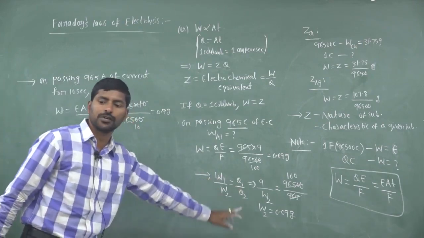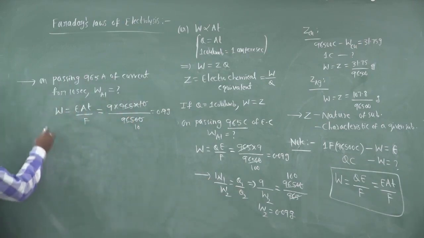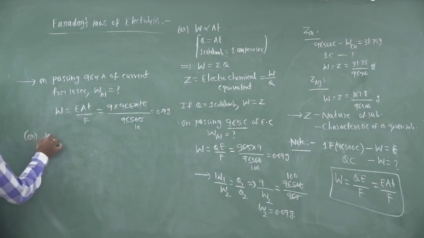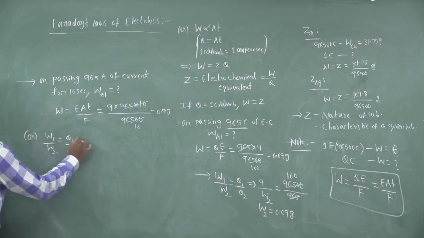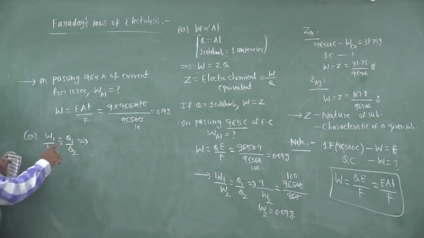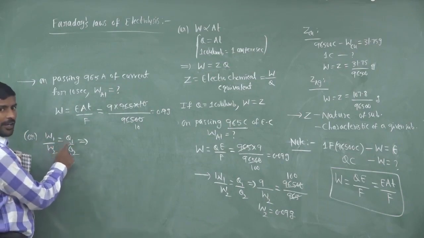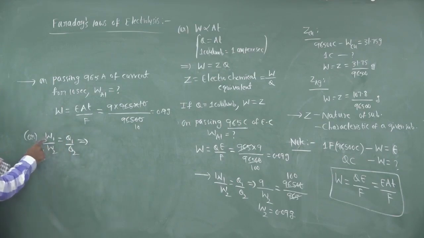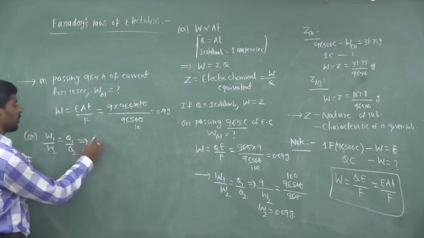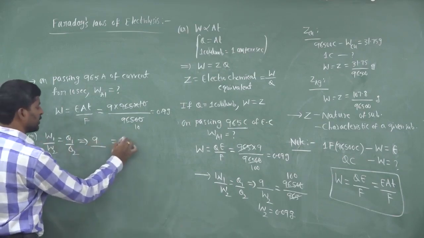W1 by W2 is equal to Q1 by Q2. Okay, Q1 I am taking 96,500. If you take Q1 as 96,500 coulombs, what is the weight of aluminum deposited? 9.